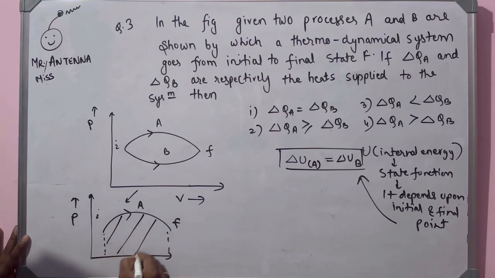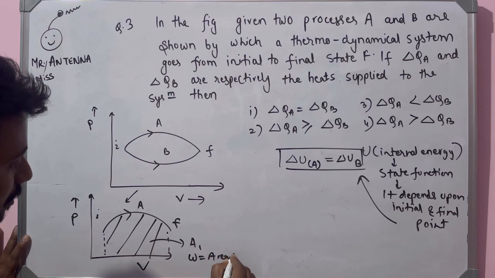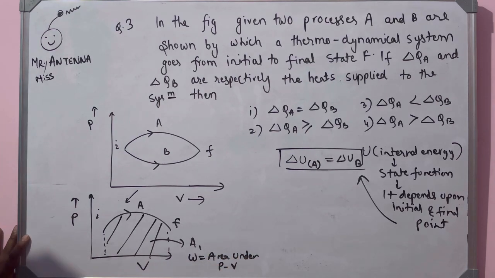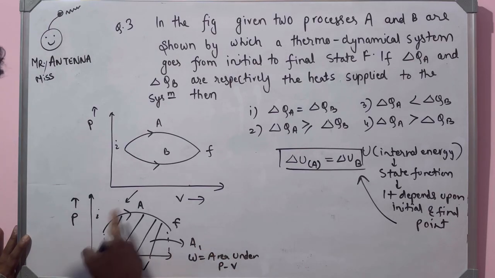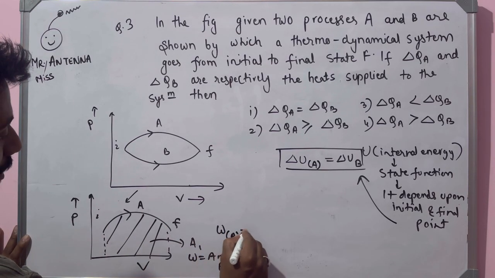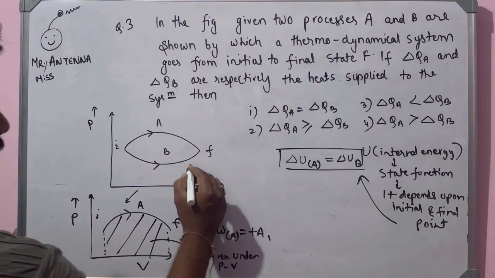Let's say this area is A1. Work is nothing but area under the PV graph. So work done along path A, I can write plus A1, because volume is expanding and I'll get positive work. Okay, this is first half.